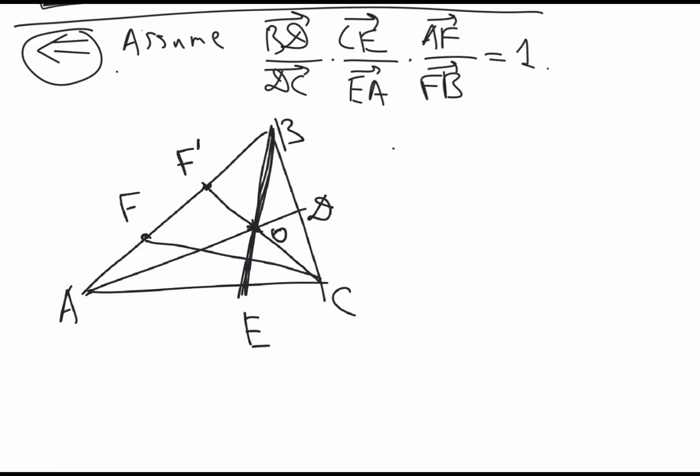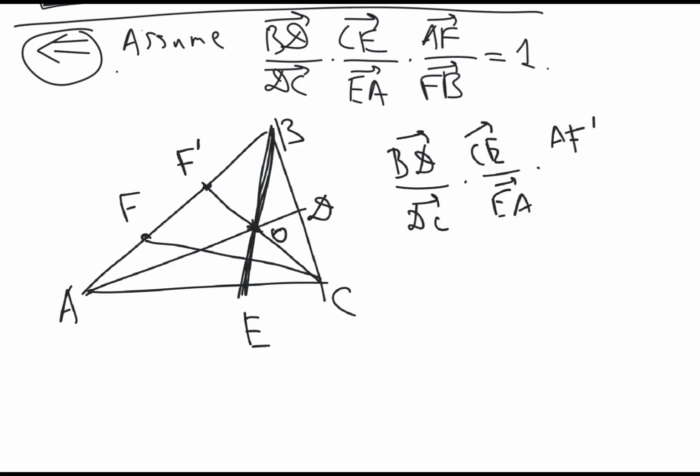So that BD over DC multiplied by CE over EA multiplied by AF prime over F prime B is equal to 1, because for this point F prime, these three lines do intersect at a single point.